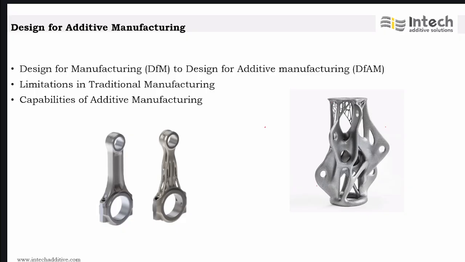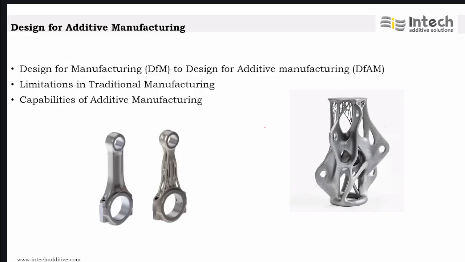There are so many advantages and capabilities of additive manufacturing. If you want to build internal geometries, let's say dies with internal cooling channels, it's quite easy to do in 3D printing. There's no need to do drilling or assembly. These things have been completely eliminated.